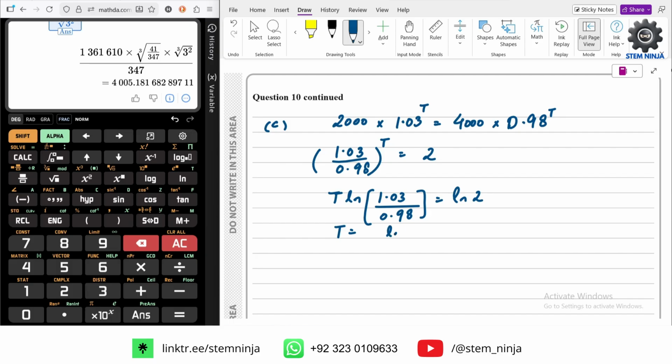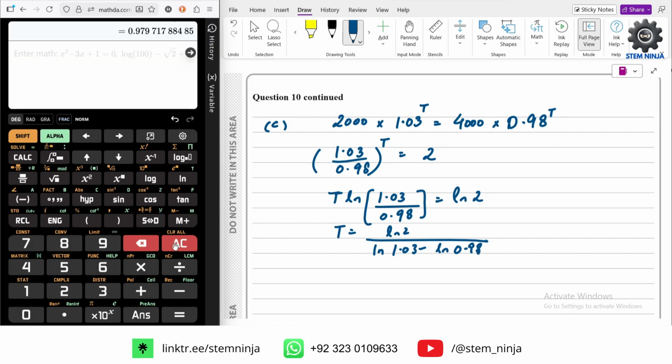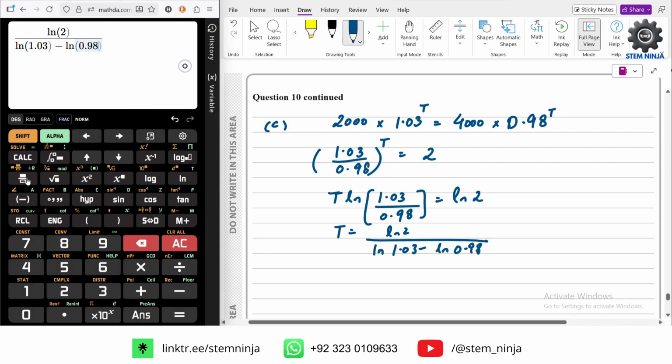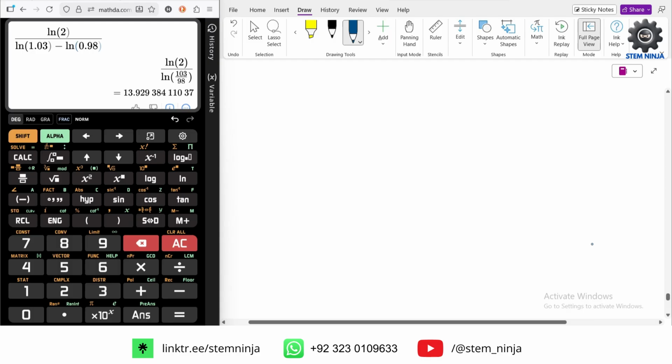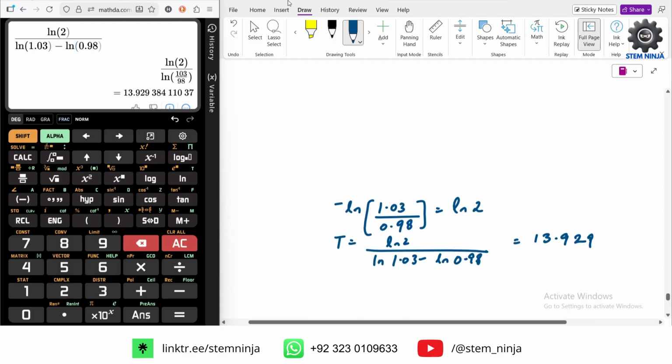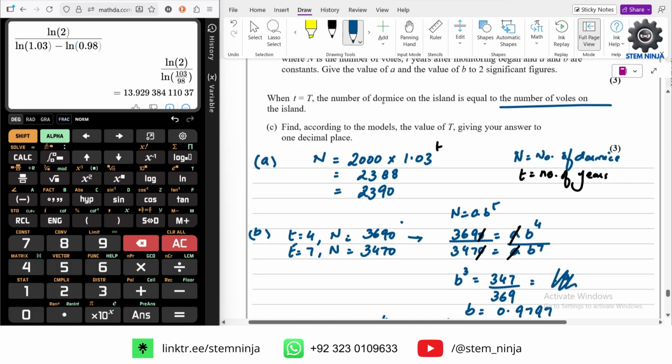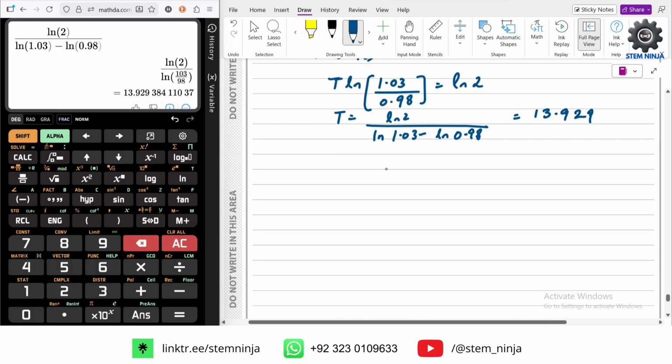So t would be ln 2 divided by ln 1.03 minus ln 0.98. Okay, so you have ln 2 divided by ln 1.03 minus ln 0.98. So 13.929. In how many decimal places do we want? One decimal place, so 13.9.